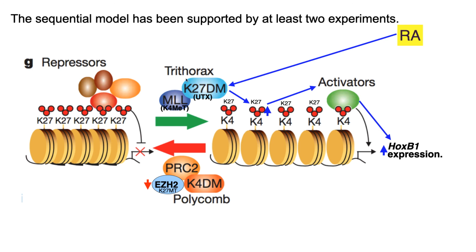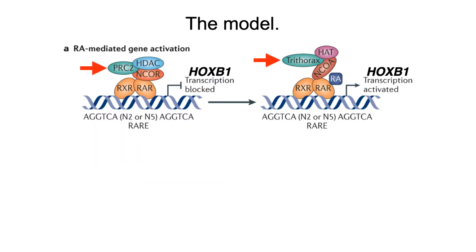And that if you get rid of UTX, you get less HOXB1 expression. If you get rid of UTX, you get less demethylation of K27. So they've supported some data that supports this particular model.